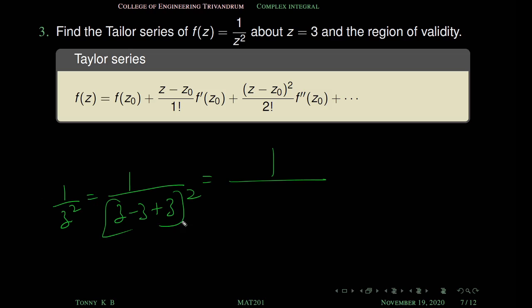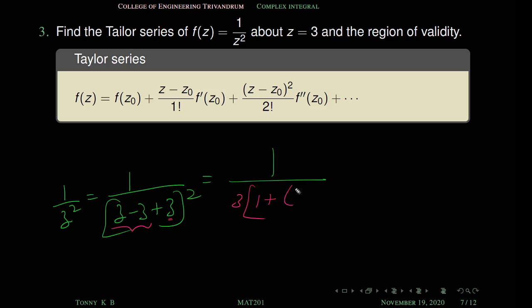By taking this 3 out, what happened? This becomes 3 into, this term is 1, right? And the first term becomes 1 plus z minus 3 by 3.